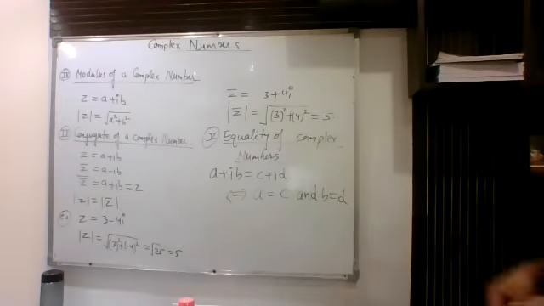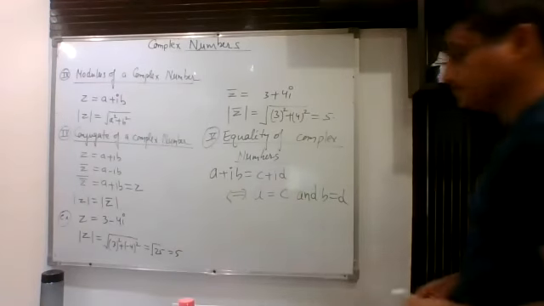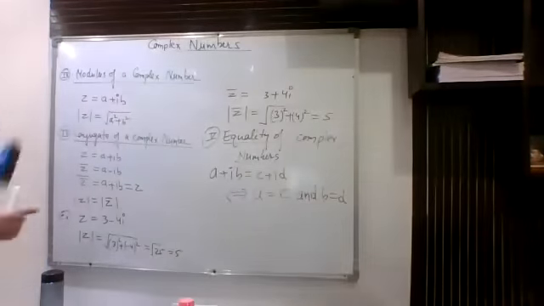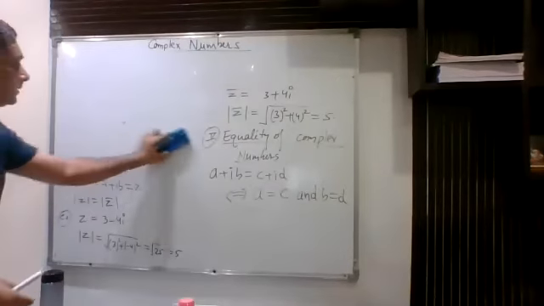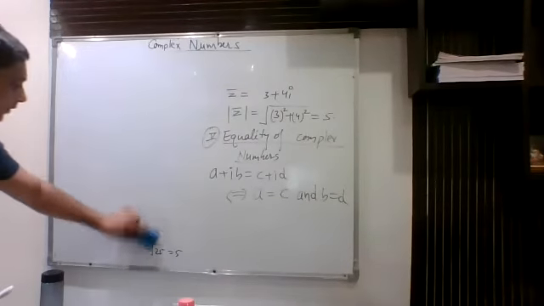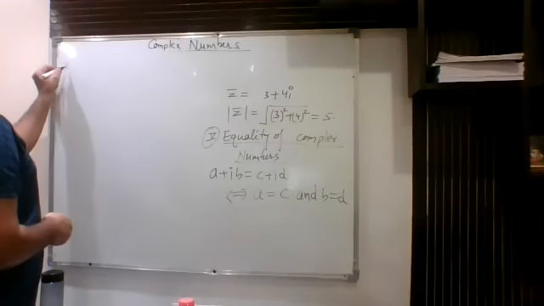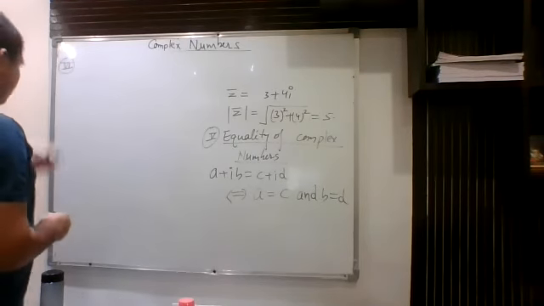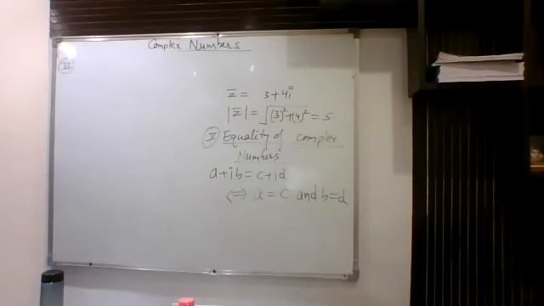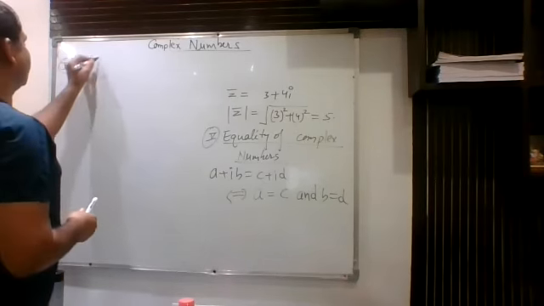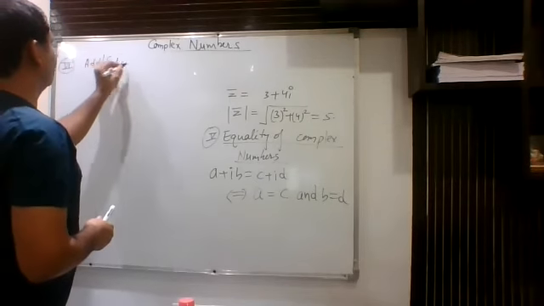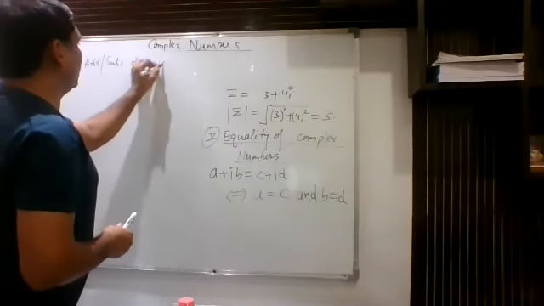Now after this, we will do how to add and subtract two complex numbers. If you want to add and if you want to find the difference of two complex numbers, then how to do that? So now let us see addition and subtraction of two complex numbers.